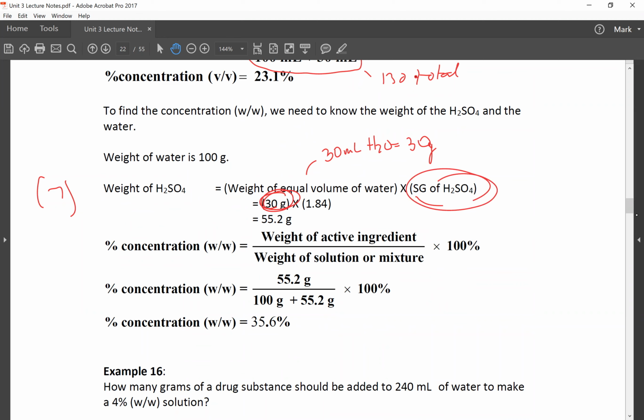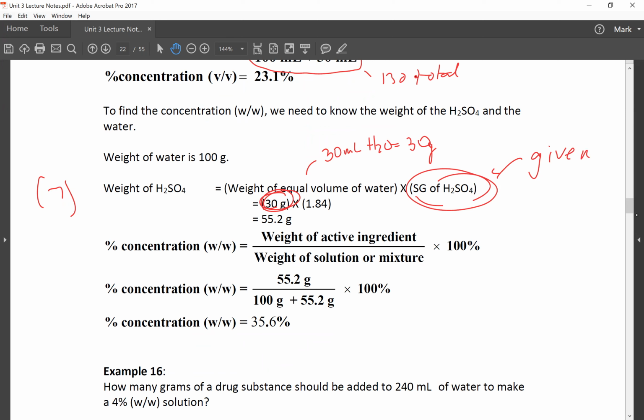Now, the specific gravity is a number that will be given to you. You don't have to memorize them, obviously. There's actually nothing you need to memorize. The formulas and specific gravities will be given. So the specific gravity which will be given to you is 1.84.